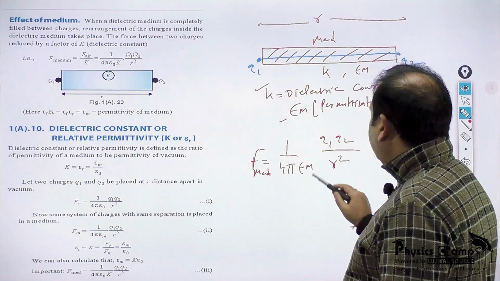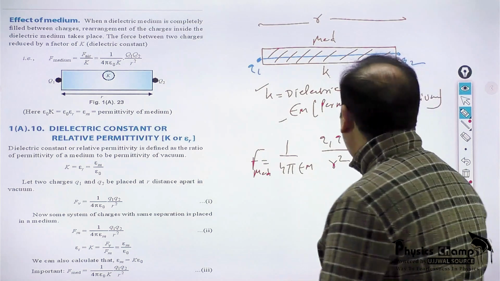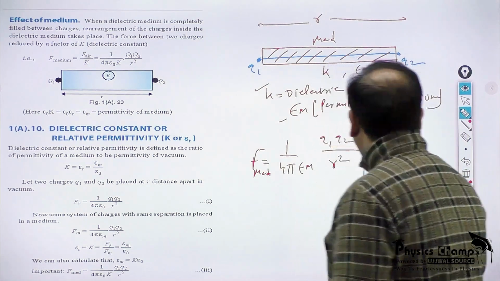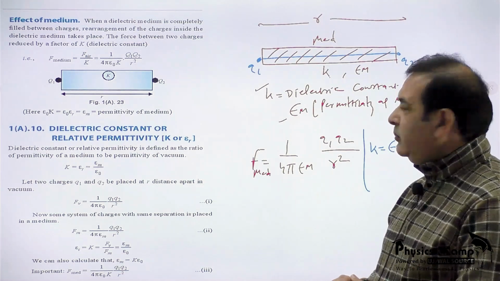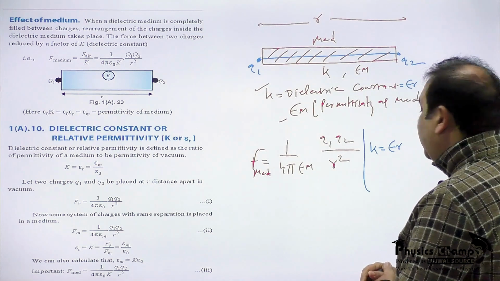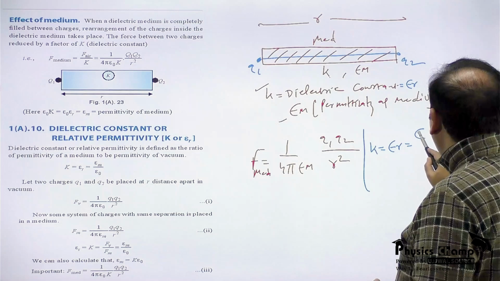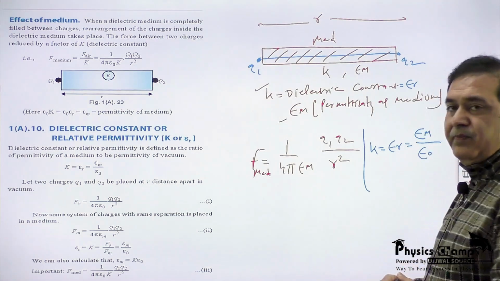But can I write this epsilon m in terms of epsilon naught? Here I have a term I call dielectric constant, which is also called relative permittivity. So this is the permittivity of medium by permittivity of vacuum.